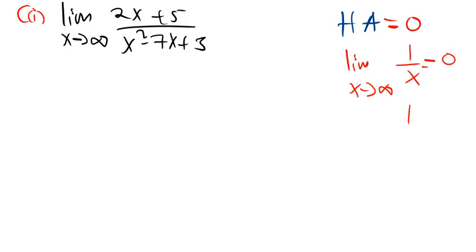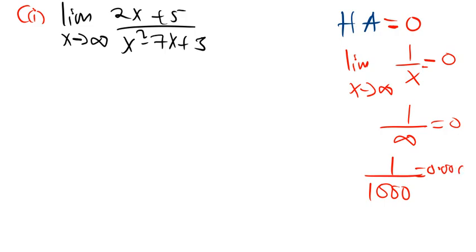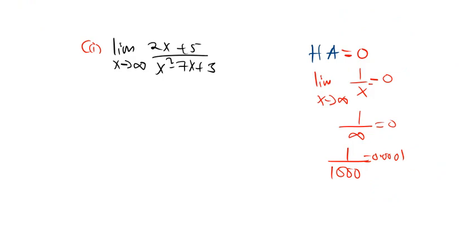1 divided by infinity is 0. Let's assume that this infinity is a big number. Let's say this is 1,000. What is 1 divided by 1,000? 0.001.